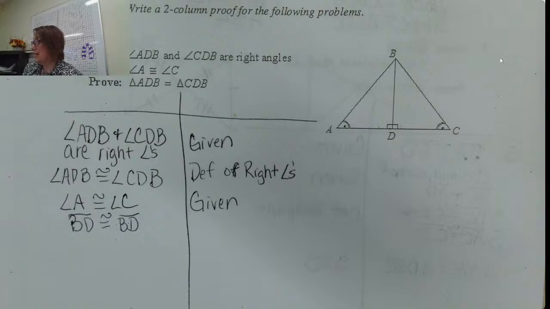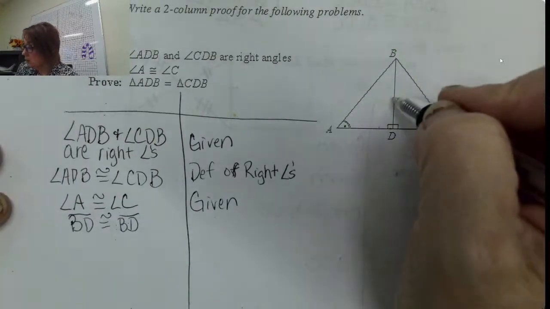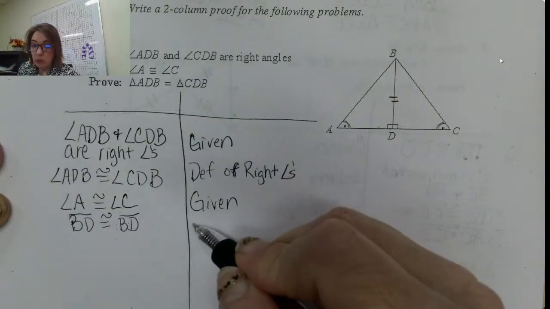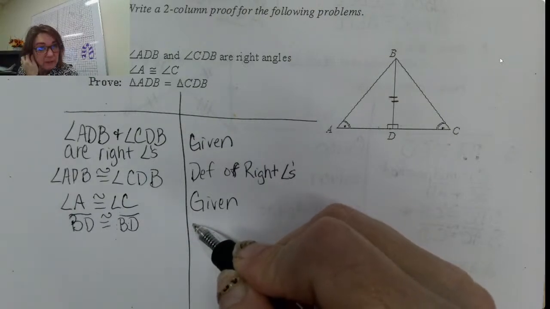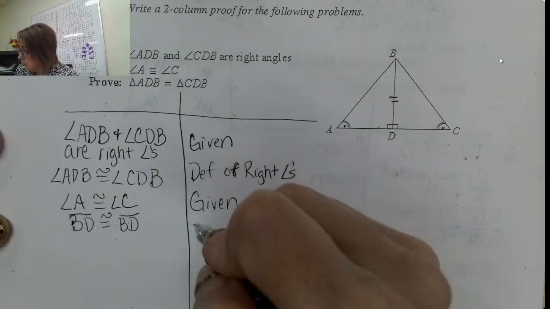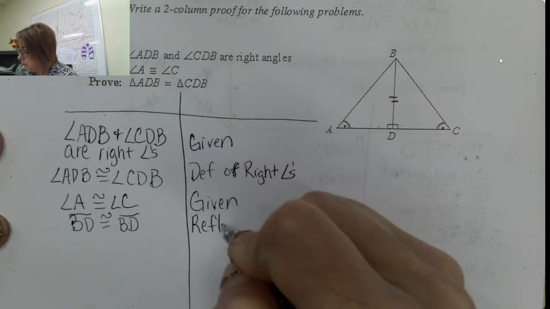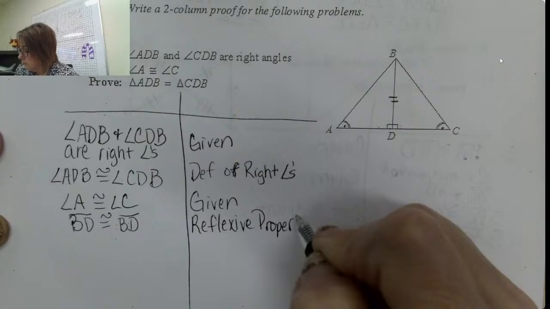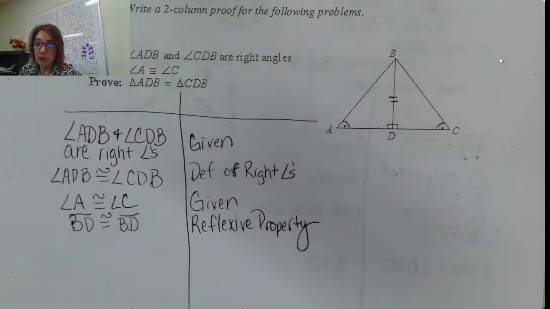It doesn't change size from one triangle to the other. So what's our reason behind that? When they both have it, it's the reflexive property.